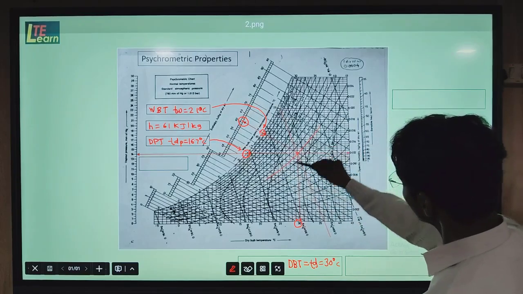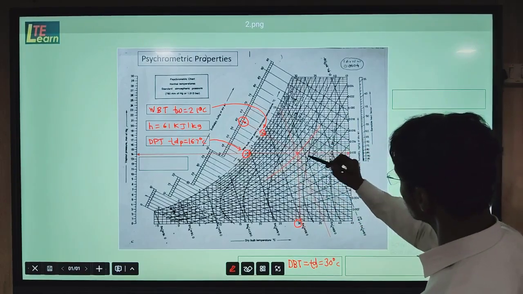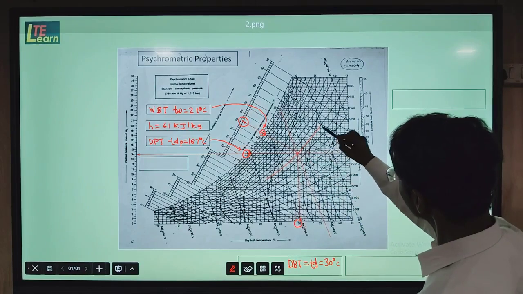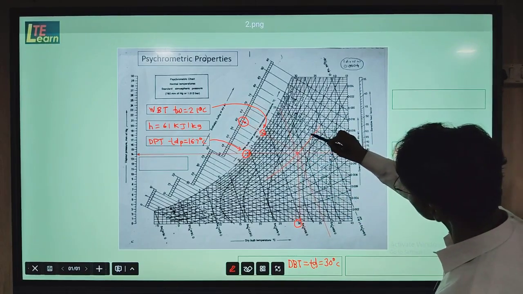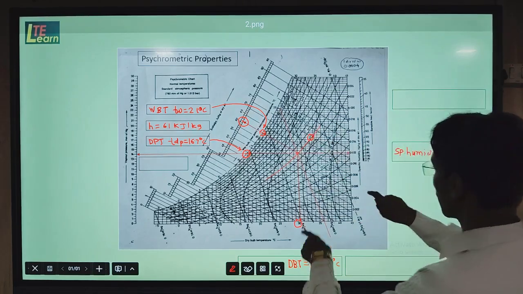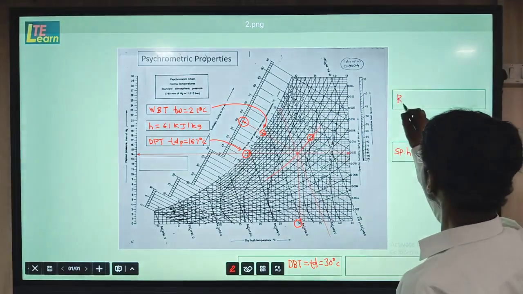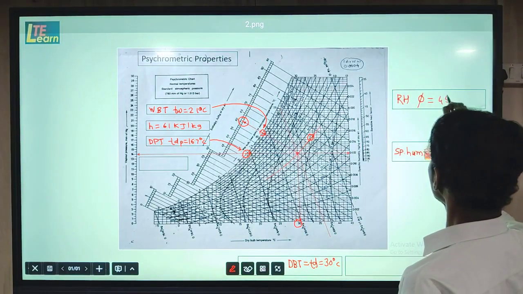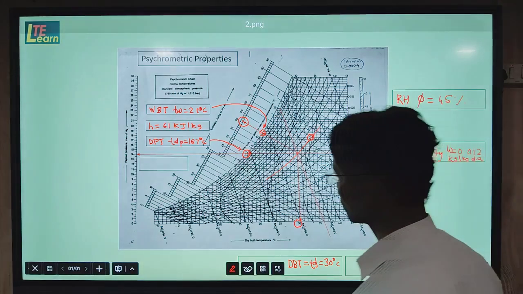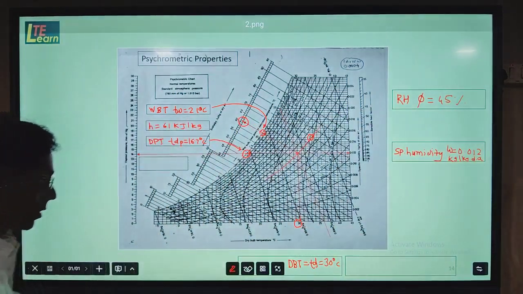This is the saturation curve line which is passing through this point. Here you will find the value of relative humidity, and this curve is of 45%. So RH means relative humidity for this point is 45%.